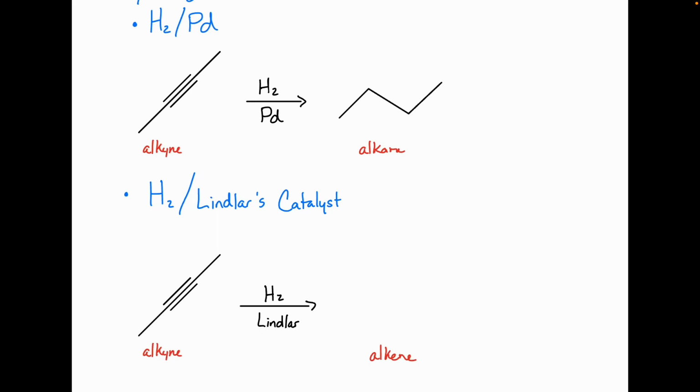They're going to be the same side. So this would be a way to produce a cis alkene, because those bonds are added to the same side. We call it a cis addition.